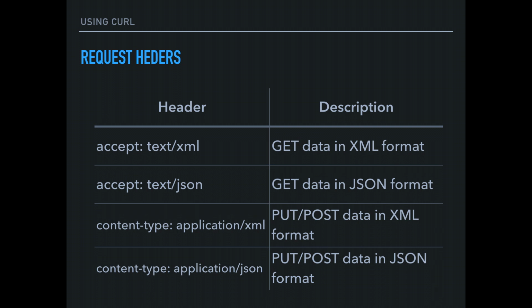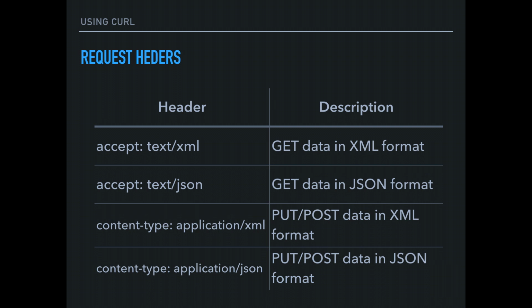So there's a few different ways to request and put data in, the two most popular being XML and JSON. You have to specify in your header which one you want. Otherwise, when getting data, it usually gives you XML, but sometimes will give you JSON, so it's a good idea to specify it all the time.